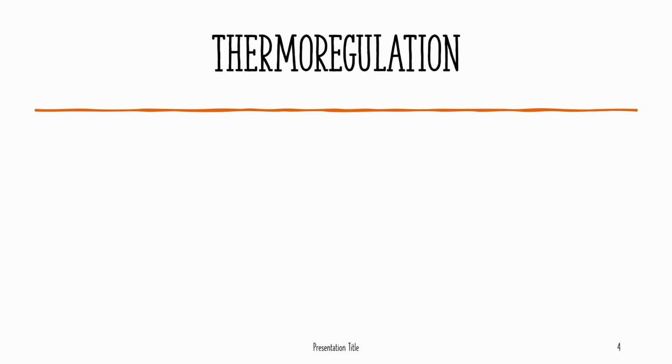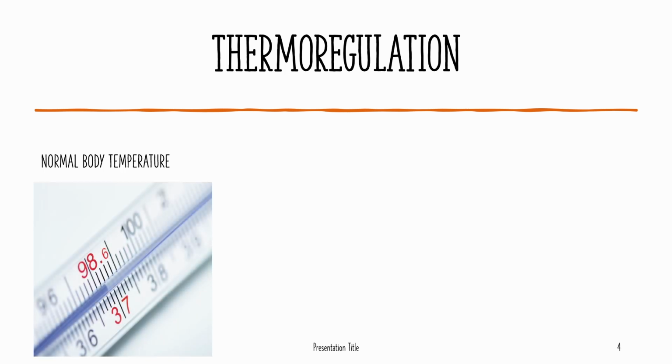What is thermoregulation? Our body temperature is maintained around normalcy. What is a normal body temperature? It is around 37 degrees Celsius, which is equivalent to 98.6 degrees Fahrenheit. It is maintained at 37 plus or minus 0.5 degrees Celsius.